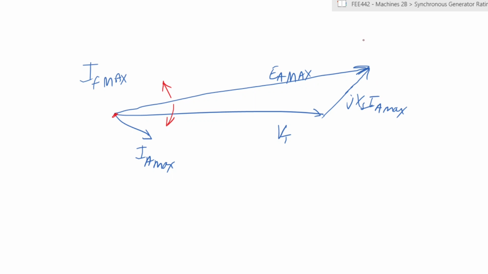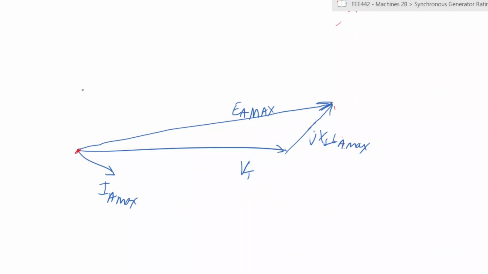So that means you'd have your locus looking something like that. So the value of EA would move along that locus, right? So this is the limit of field current IF, and by extension, the limit of the voltage.